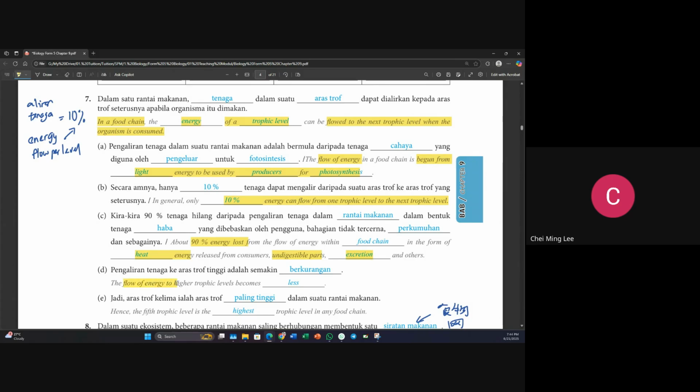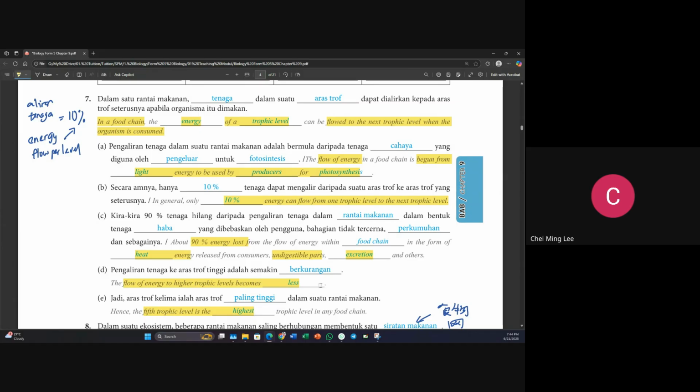So the flow of energy to higher trophic levels becomes less. That's why the fifth trophic level is normally the highest. Normally it can go up to the fifth trophic level, but your school won't come out with a question like 1, 2, 3, 4 and then 5. But if they indeed ask about 5, then you have to answer 5th, of course.